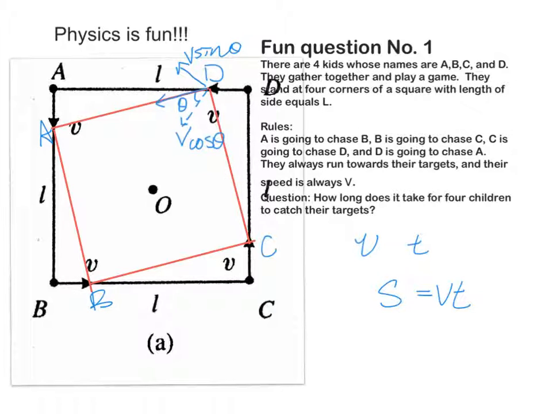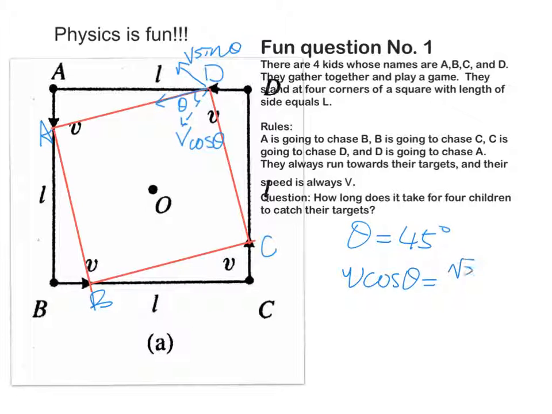Because this is a square, it is not hard to find that theta equals 45 degrees. So we can calculate that v cosine theta equals square root of 2 over 2 times v.